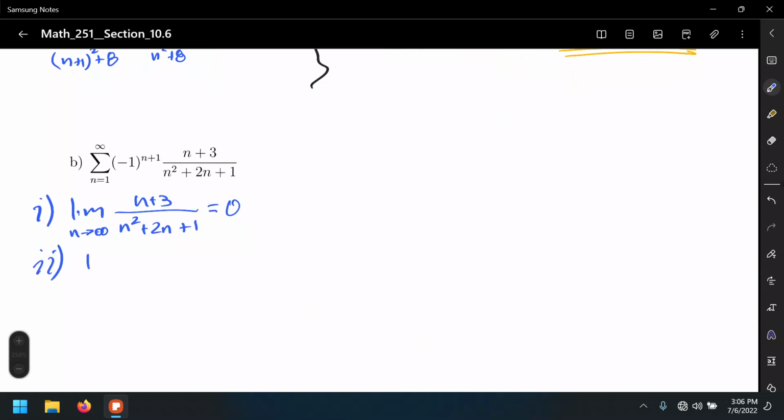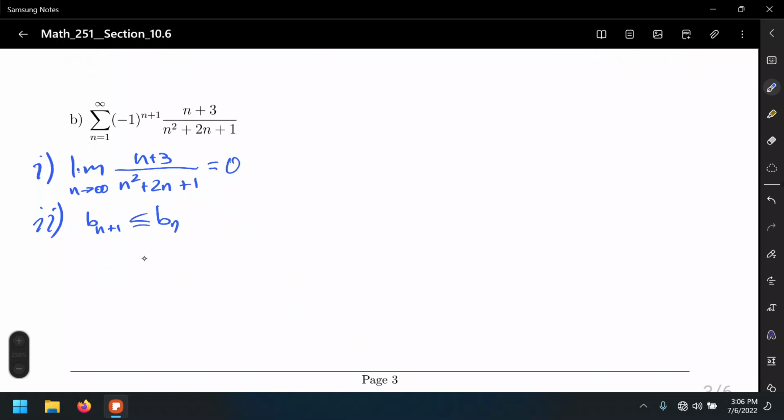The next one would look a little bit tricky, but don't worry. You'll see. So on the right hand side, let me write the original sequence, n plus 3 over n squared plus 2n plus 1. And on the left hand side of the inequality, replace every single n with n plus 1. That's going to make the numerator n plus 4.